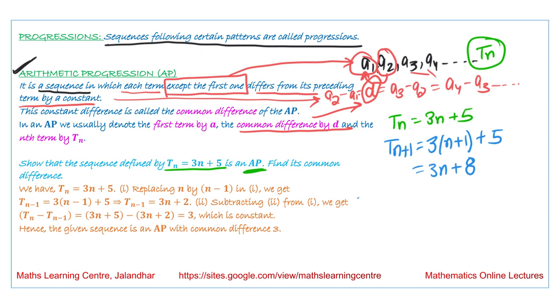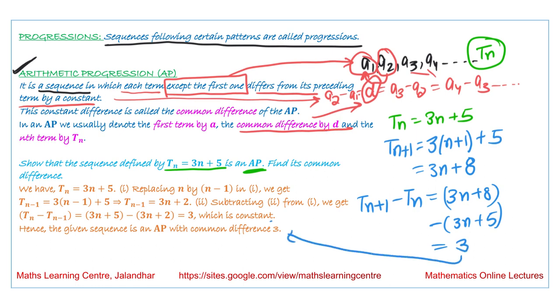Now if we calculate the value of Tn plus 1 minus Tn, the answer is 3n plus 8 minus 3n plus 5. This gives us the value as 3. So the given sequence is an AP with the common difference 3.